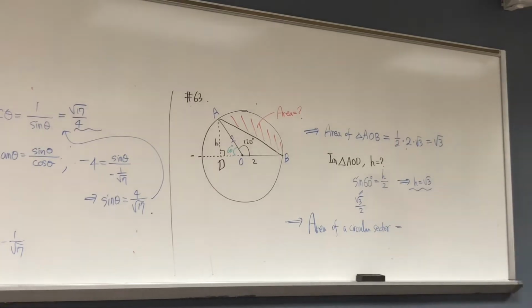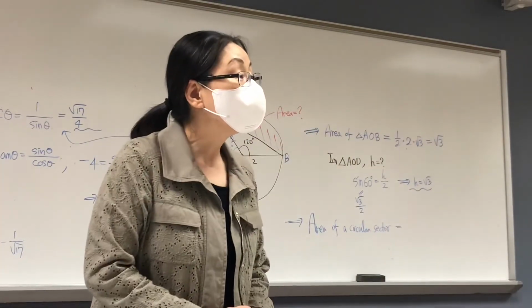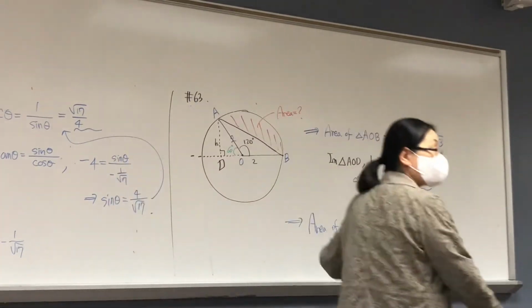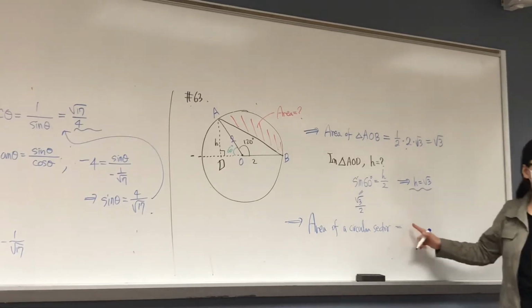Go to 6.2. I forgot the page number. What is the area of a sector? R theta. Go and then double check. Right when it's done. Let's see.